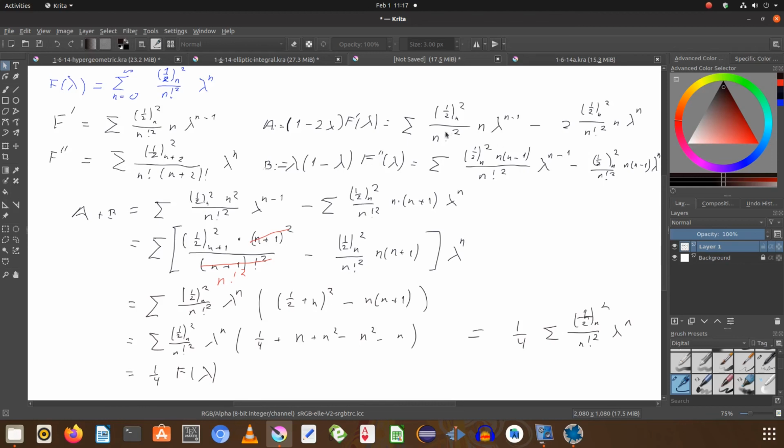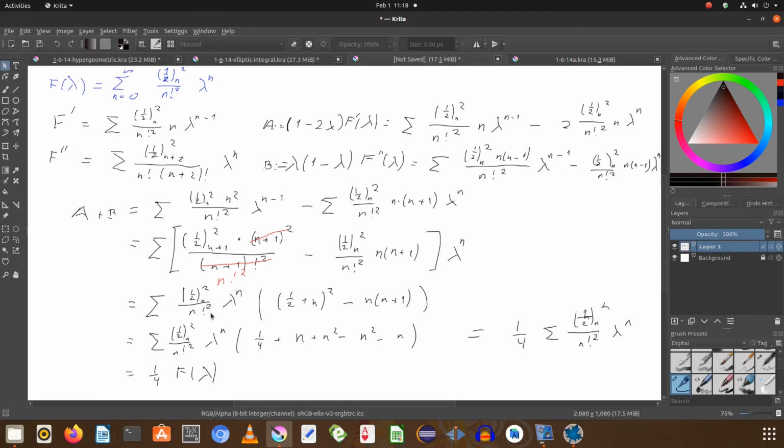So first these two terms, all this agrees, so it's n plus n squared minus n, so we just get n squared here. And the same thing happens here. 2n must be added to that, giving n times n plus 1. And then we substitute n with n plus 1 here, giving this guy.